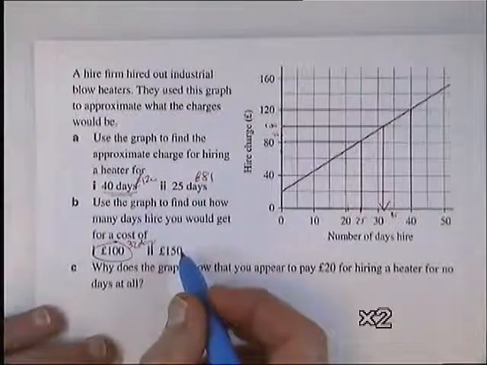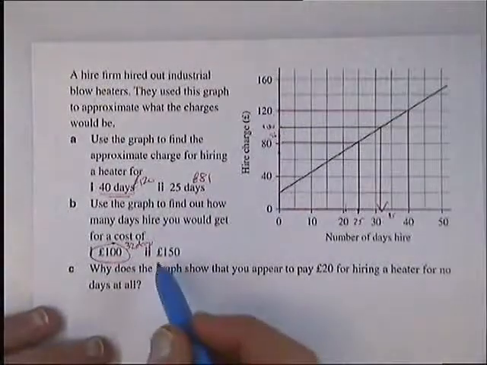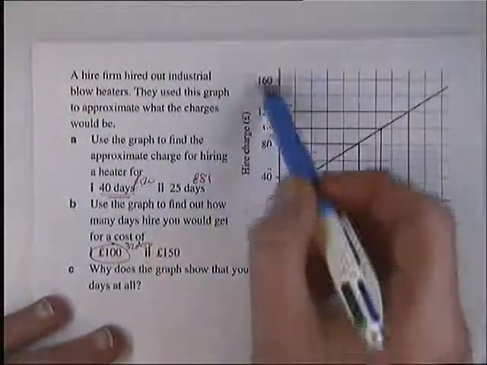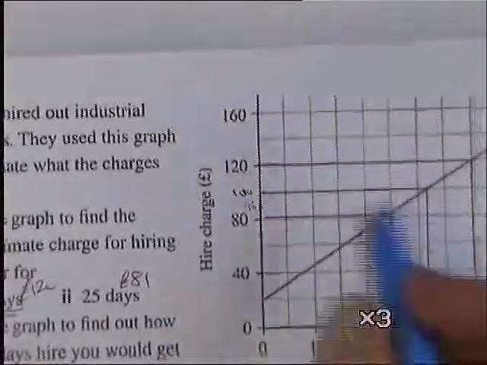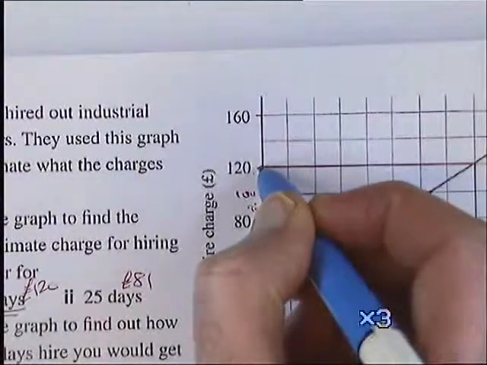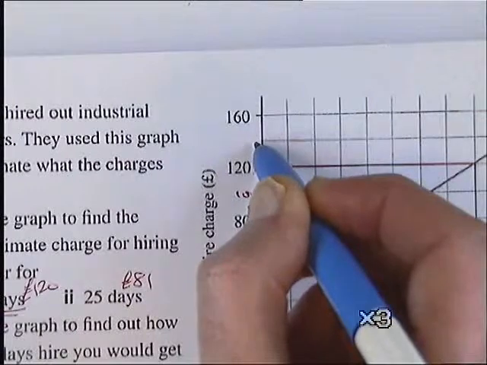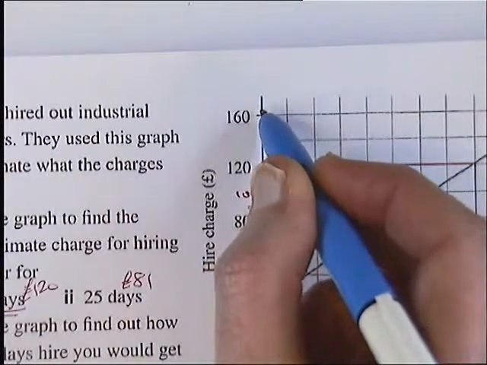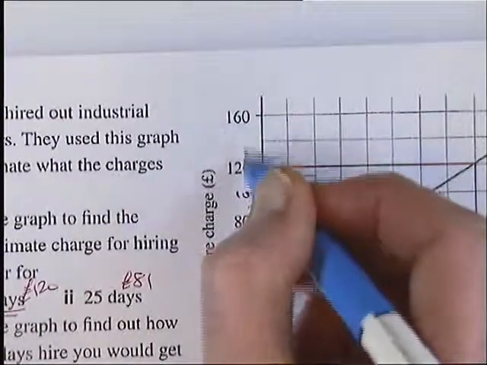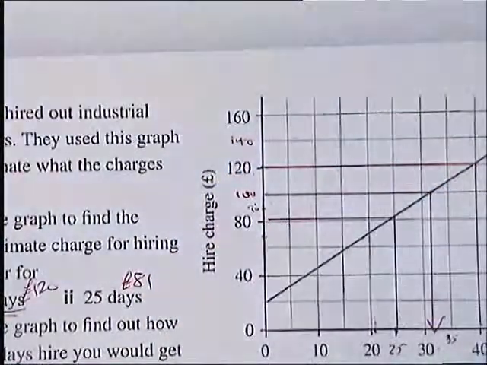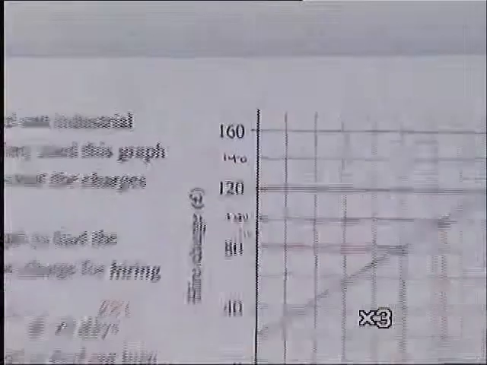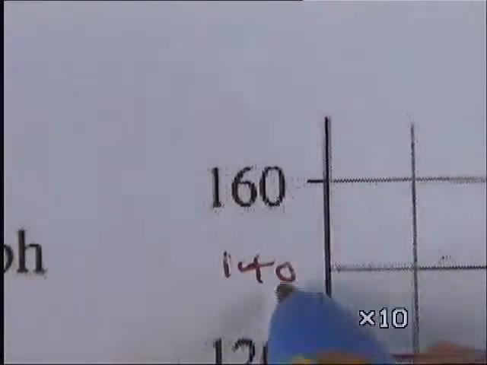Then here I have £150, so I need to find my pound numbers, those are here. I need to find 150, well I have 120, then it goes 130, 140, 150, 160. So in the middle of 120 to 160 is 140. So that will be that point. 150 is bang in the middle of 140 and 160.